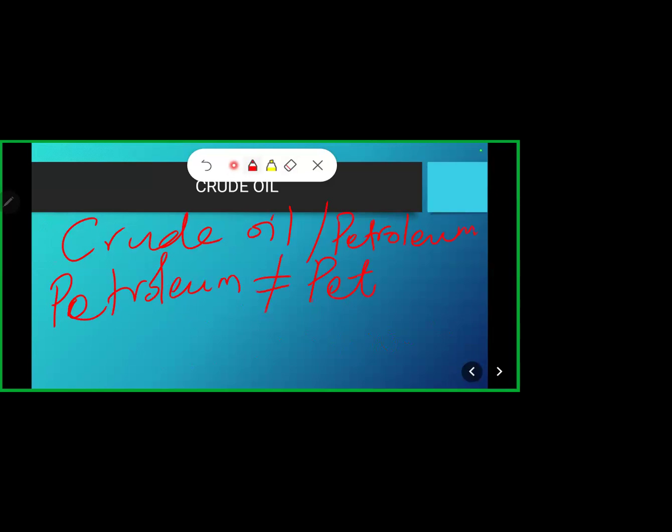They are two different terms. Petrol is a fraction of petroleum. So when you say petrol, you're speaking about something that was obtained from petroleum. When you speak about petroleum, petroleum is a composition of very many things, as we are going to see in this lesson. So when you're talking about crude oil or petroleum, you're talking about the same thing.